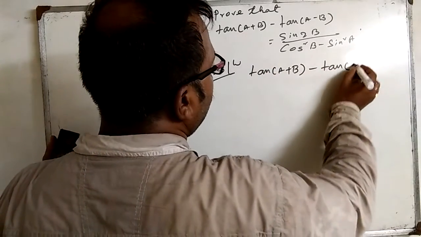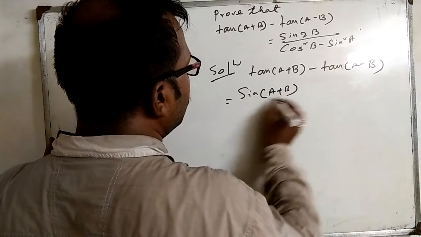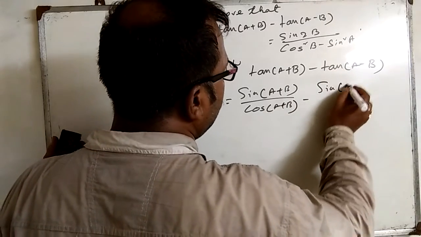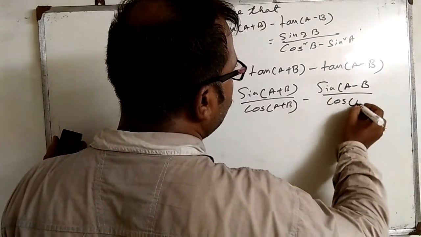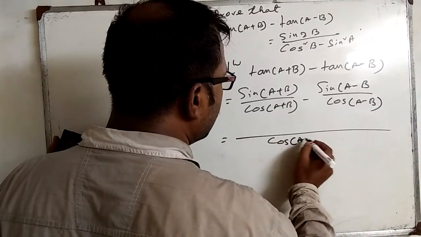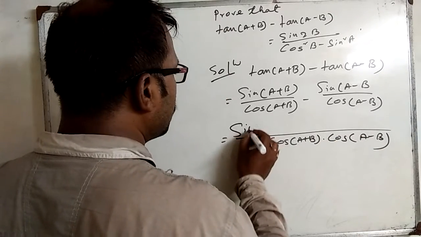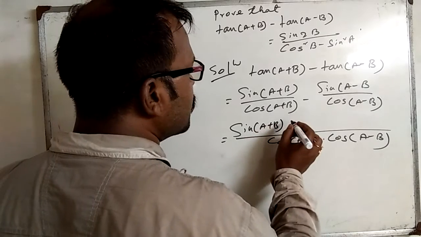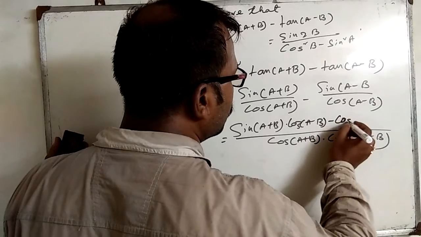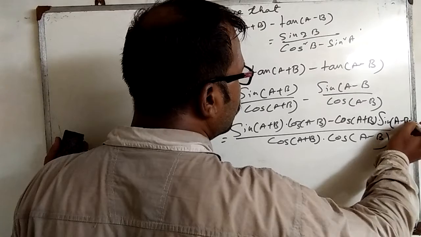So let's come to the next problem solution. tan of a plus b minus tan of a minus b equals sin of a plus b by cos of a plus b minus sin of a minus b by cos of a minus b. So LCM will be cos of a plus b into cos of a minus b, and the numerator will be sin of a plus b into cos of a minus b minus cos of a plus b into sin of a minus b.